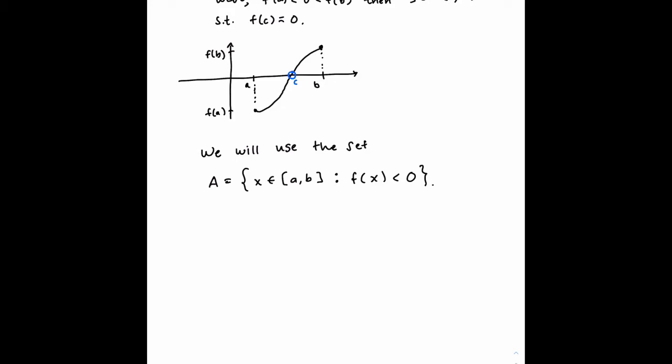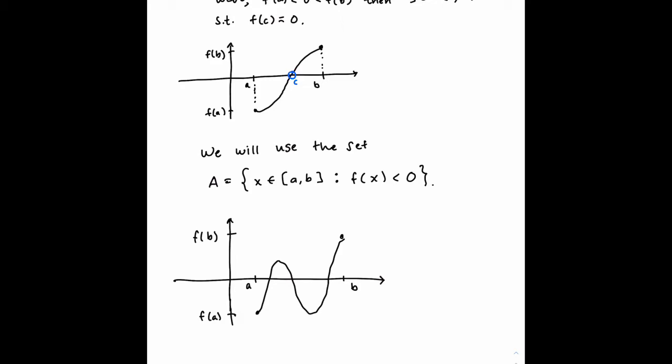So imagine that I had a graph. It could be that our function crosses the x-axis multiple times. So I'm going to redraw this picture. So I could have a function that goes up and then back down and then goes back up again.